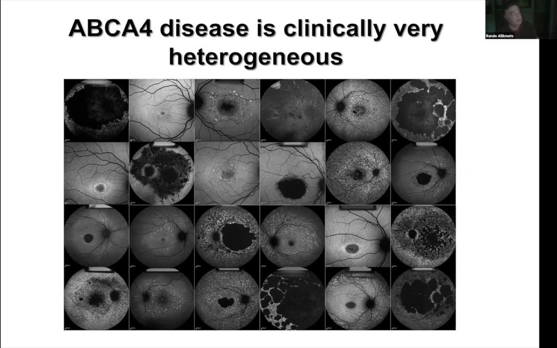This is not really different stages, that you'll see on the next slide. Some people have a very severe disease, some people have very mild disease, and the spectrum goes from beginning to end, and we now know most of the reasons why.